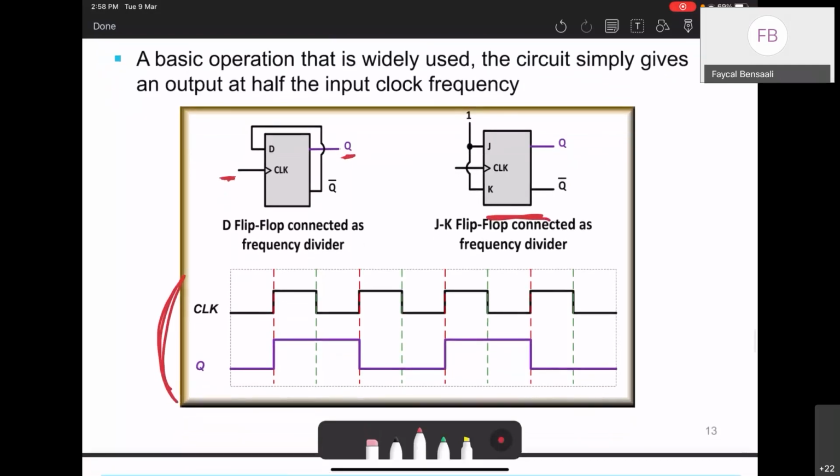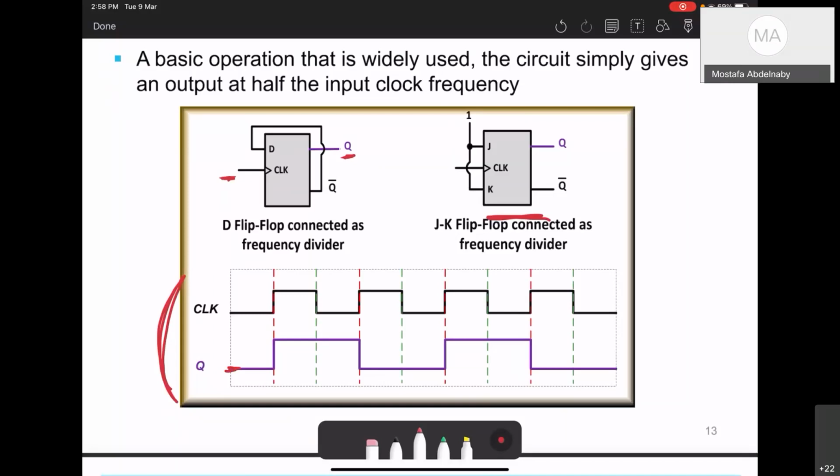Now, let's say that Q starts with 0. If Q starts with 0, what is the starting value of Q bar? 1. Okay, good.